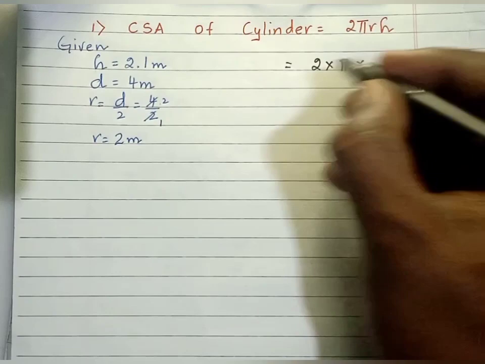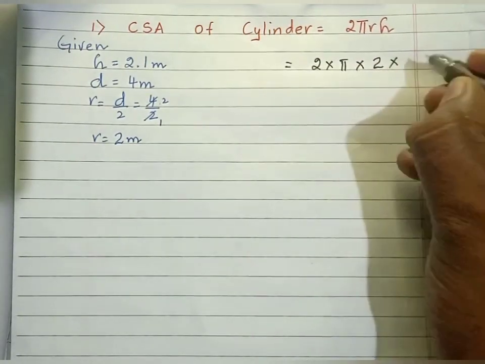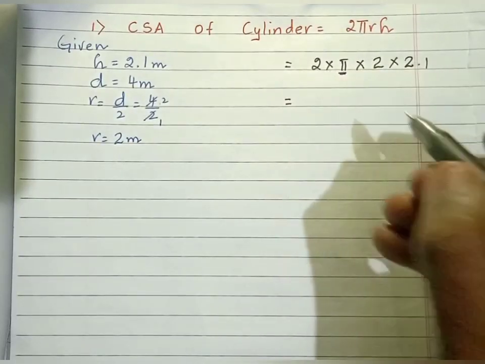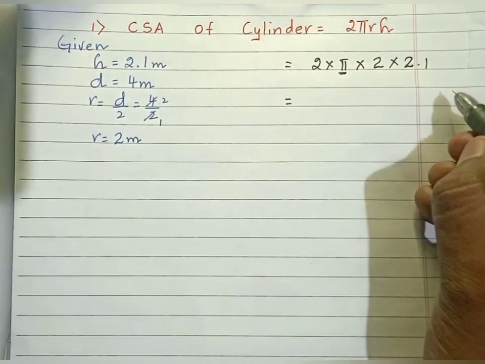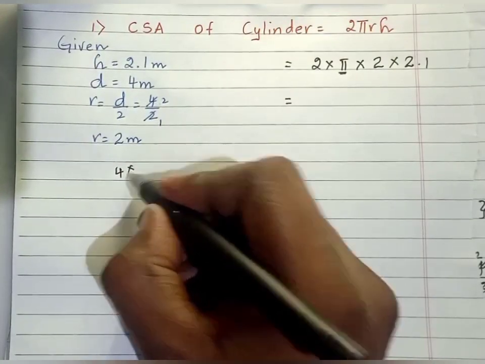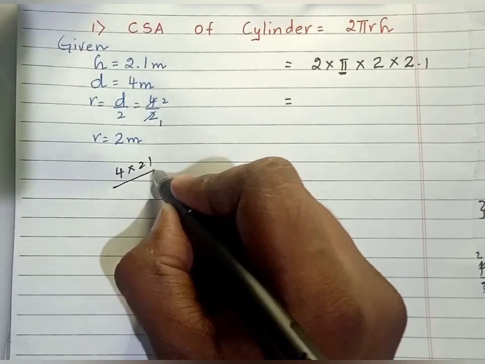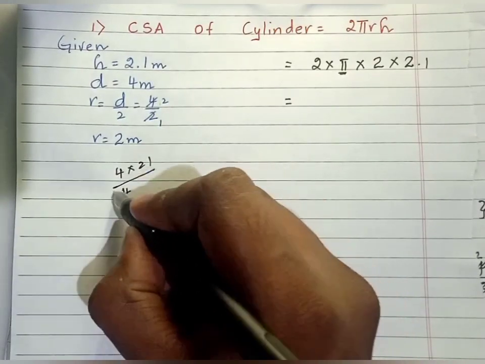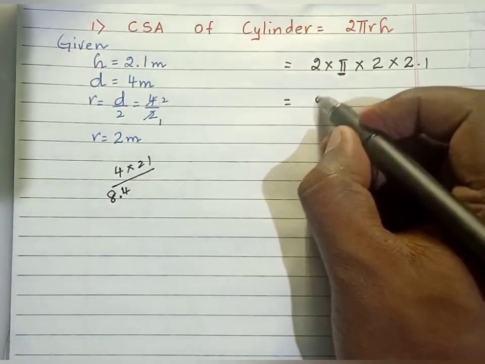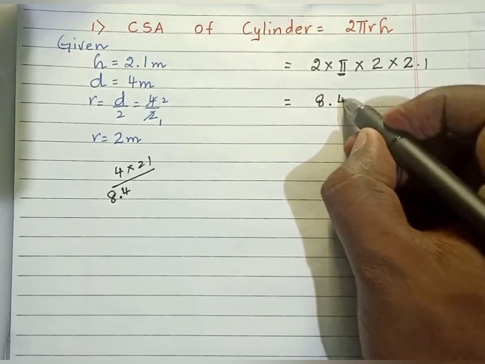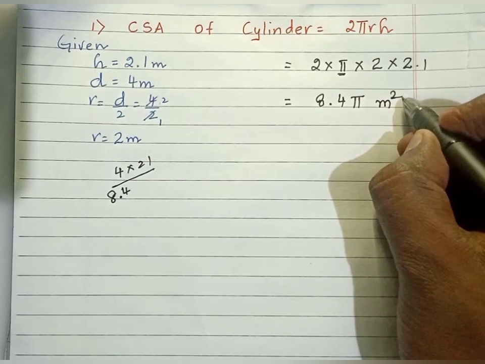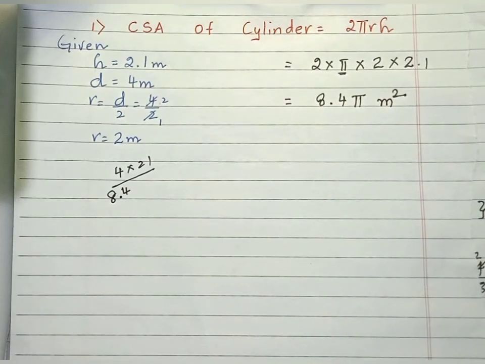No need to substitute the value of pi, at the end we can. Then r as 2, height as 2.1. Next, pi keep as it is. Now 2 into 2 is 4. 4 times 2.1, that is 4 into 21, I'll get 84. Now one decimal point, 8.4 pi. Since it is area, meter square.